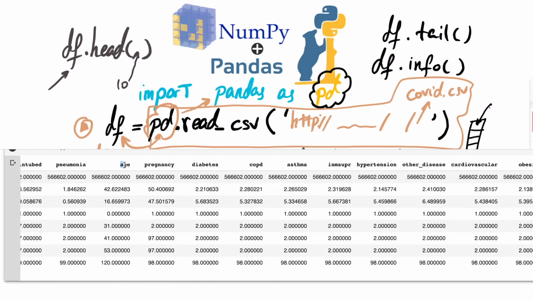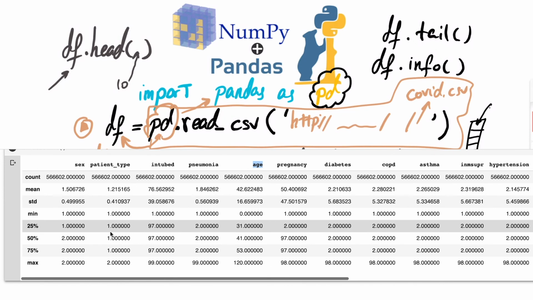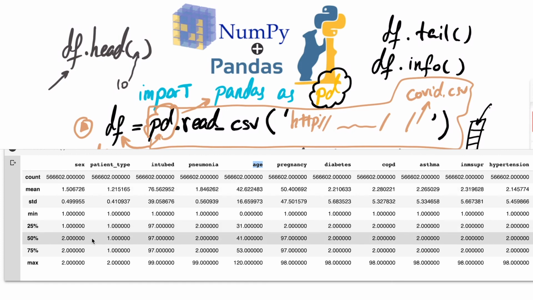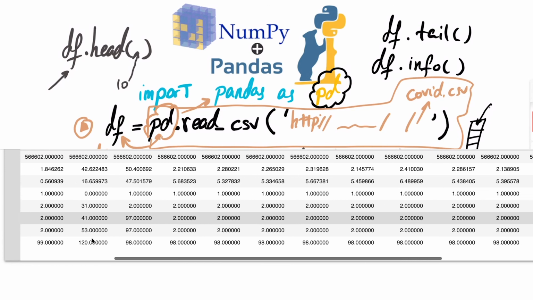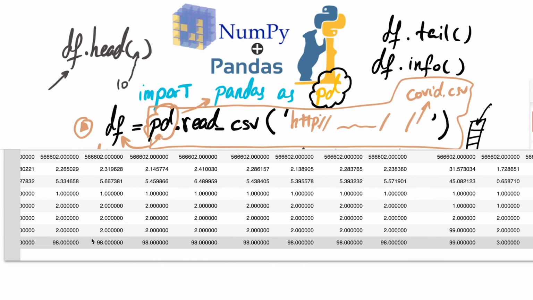For example, if there is an age column, it gives us the minimum value of age, maximum value of age, the mean age, and the standard deviation. So it gives us all the information about each column. I think this is enough for pandas for now, but you will see a lot more built-in functions in pandas.